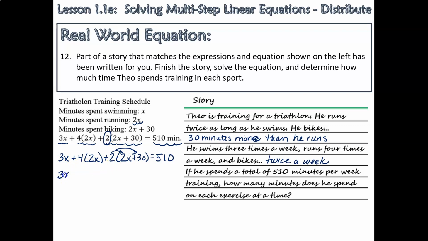So 3x comes down, 4 times 2x is 8x, 2 times 2 is 4x, 2 times 30 is 60. Now let's combine all the x's. So 3x and 8x is 11, and 4 more, 15x.